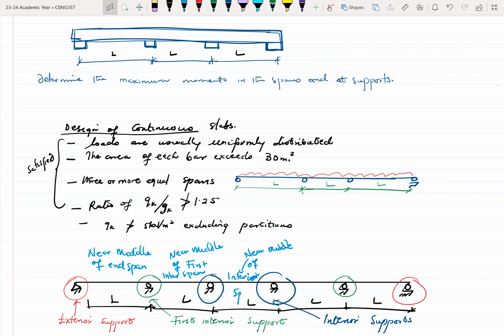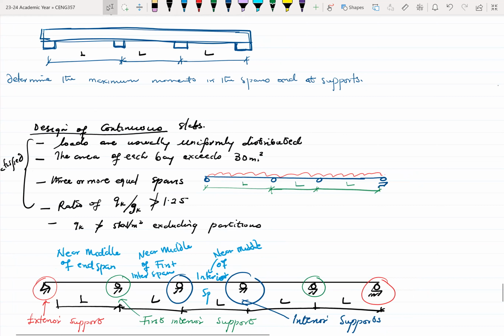That is one. So it should be a UDL loading system on the series of spans. And also the area of each bay, and we know what the bay means from previous analysis, right? The bay is a series of panels in one direction.